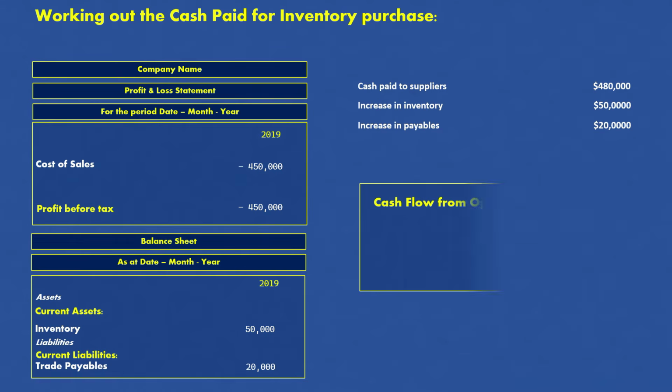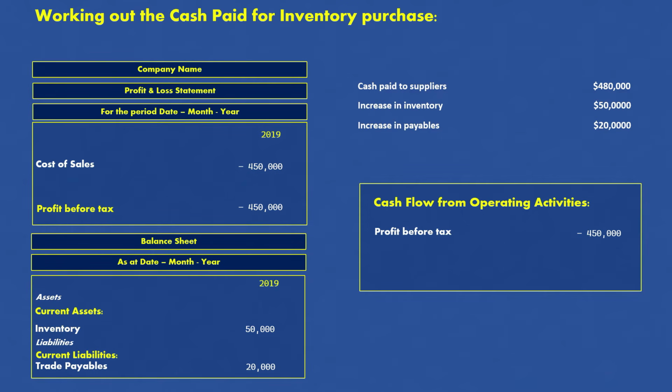Now as I told you before, we have to approach it systematically. So we will begin from the cost of sales, that is $450,000, but we will then minus the increase in inventory, and if there is a decrease in inventory, we will be adding that back. So I will be saying this is $50,000 in increase, and the increase has to be deducted, and then we will be adding back the increase in payables, that is $20,000.